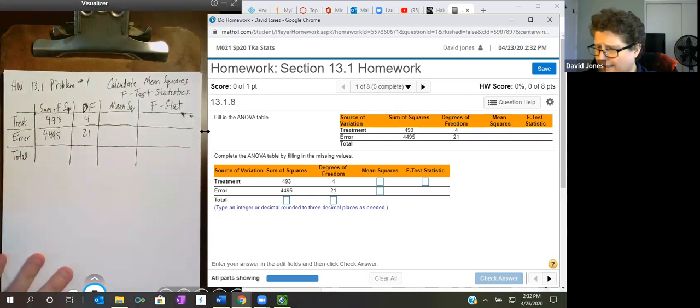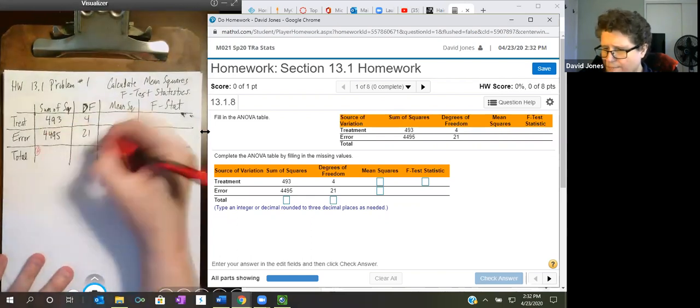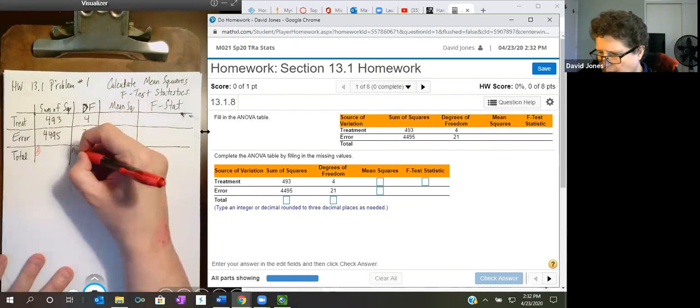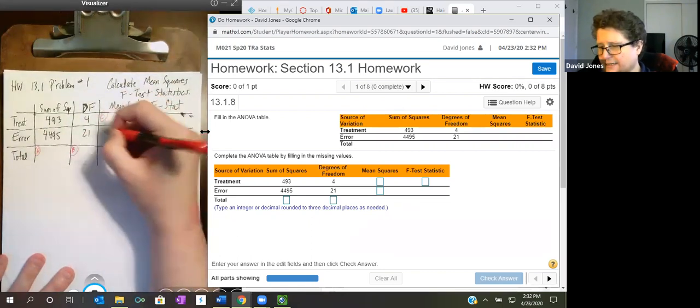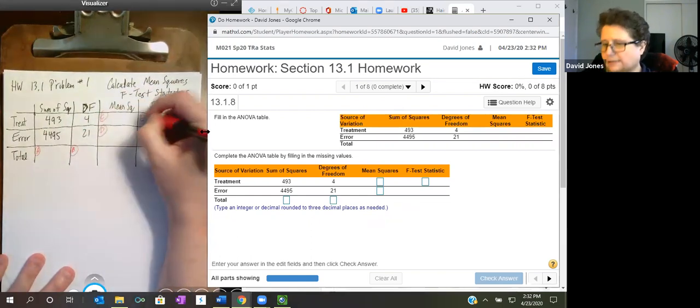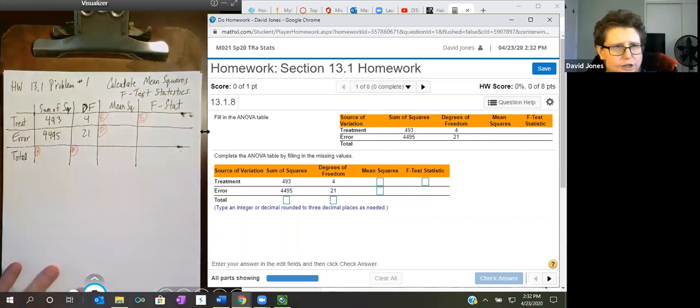And we need to fill in here A, B, C, D, and E. So I'm just labeling them.